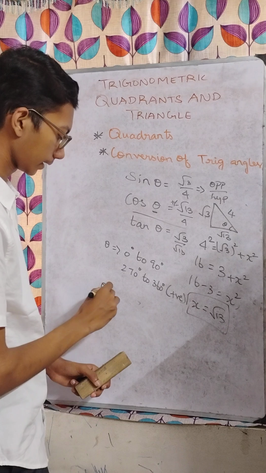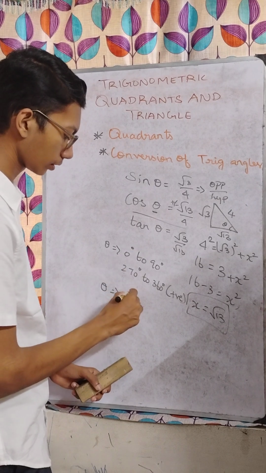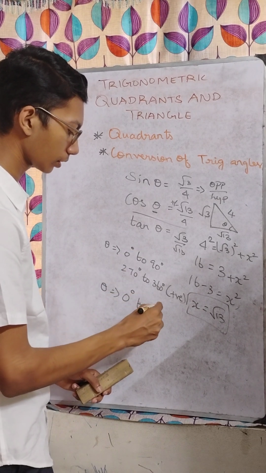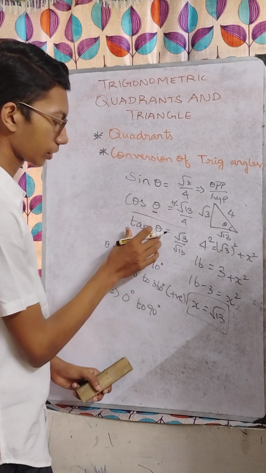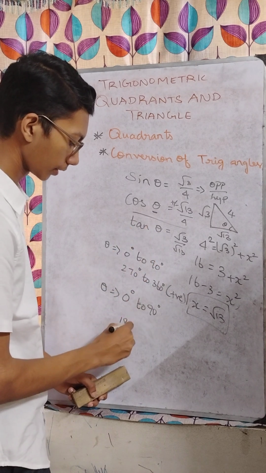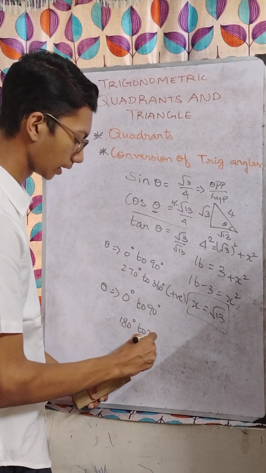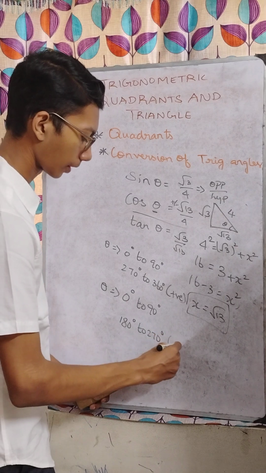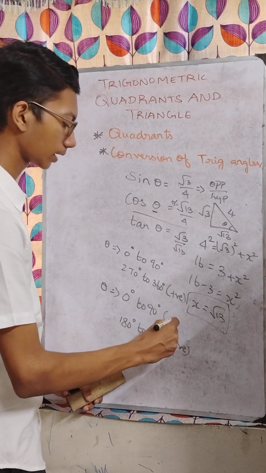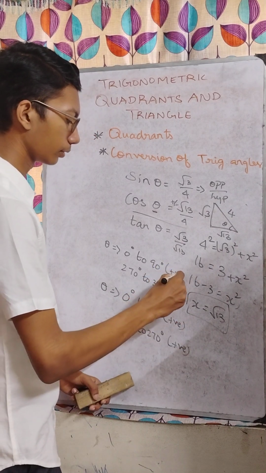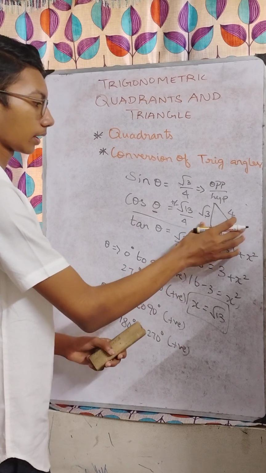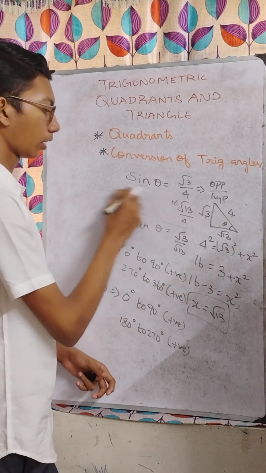Same thing for tan theta. If the theta is 0 degree to 90 degree, it will be positive. Also, if it is 180 degree to 270 degree, it will be positive. For all other angles, it will be negative. And that's why trigonometry triangle and trigonometry quadrants are important.